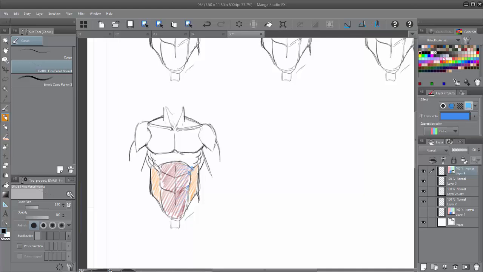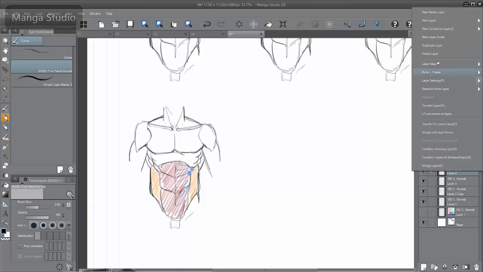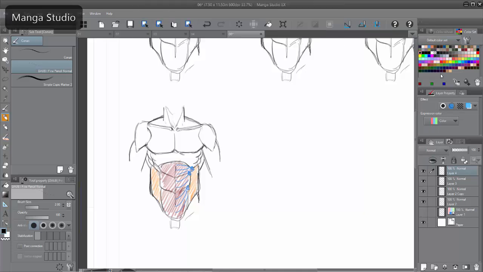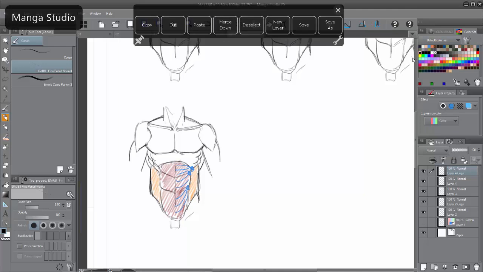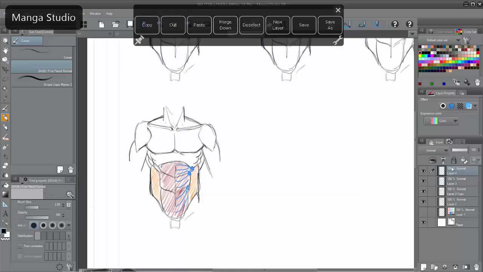Let's see if we can make this a bit more, maybe even one more. There we go. That's going to be the insertion points there. With the abdominals we're going to get some stretch and contraction as well.